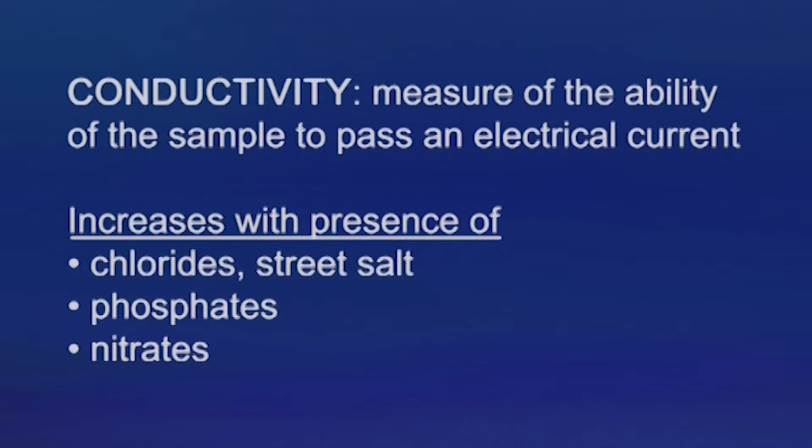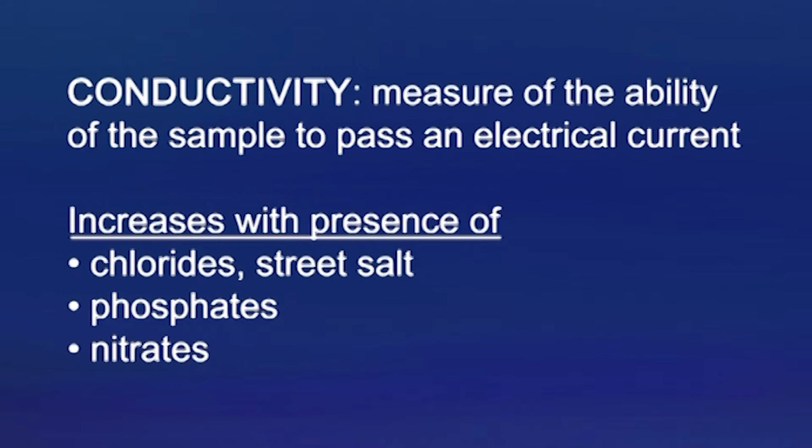Conductivity is a measure of the electric current passage through the water sample. It can indicate environmental problems such as excessive salts that may be harmful to the plants and aquatic organisms.